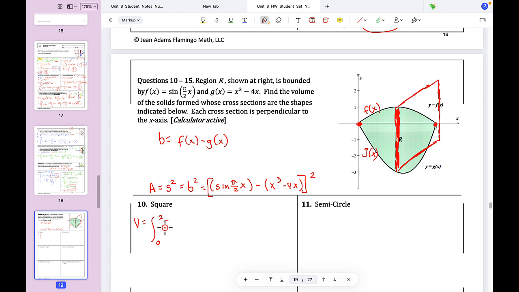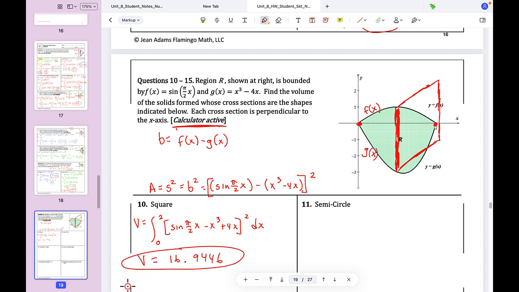And we're going to do sine of pi over 2 x minus, I'm just going to distribute that negative, x cubed plus 4x squared dx. This is a calculator section, so we're just going to put that in our calculator, and we get that the volume equals 16.9446. Or you could round it to 16.945 if you want to, okay?